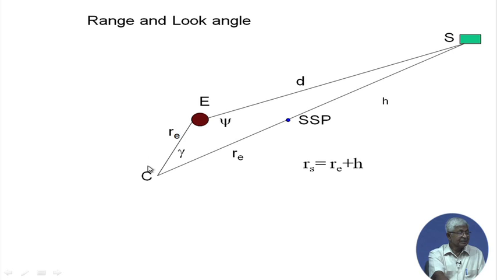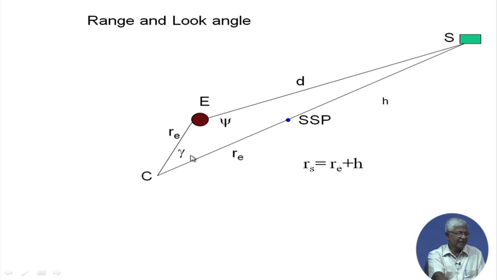Let us put this diagram in a different way, remove the earth, and we are interested in this triangle where C, E and S is there, and R S is equal to R E plus H, which consists of the subsatellite point. R E is C E, E S is D, gamma is the central angle, and psi is 90° plus elevation.